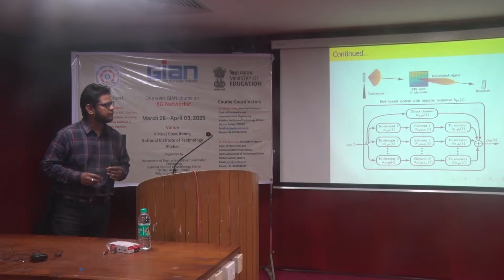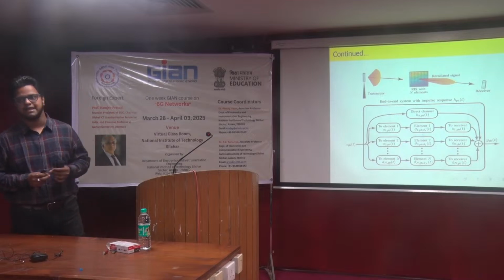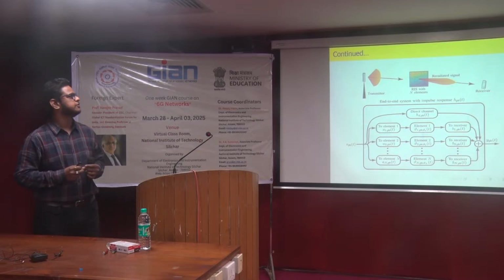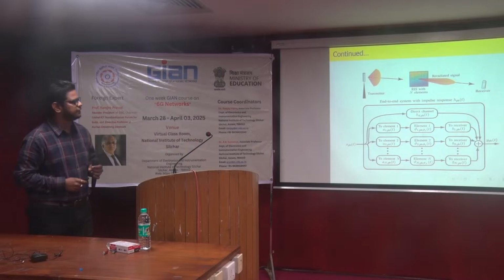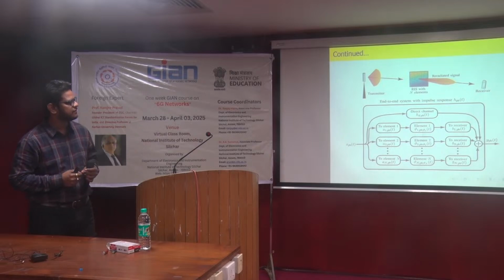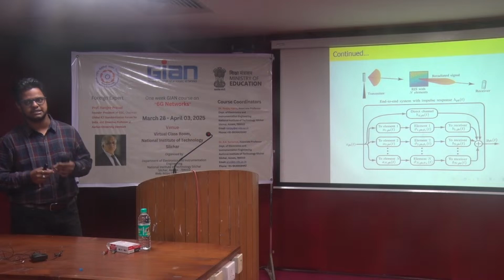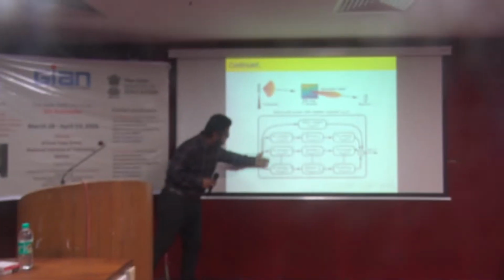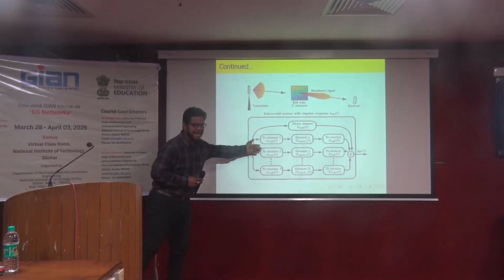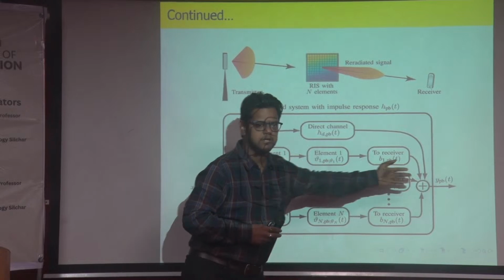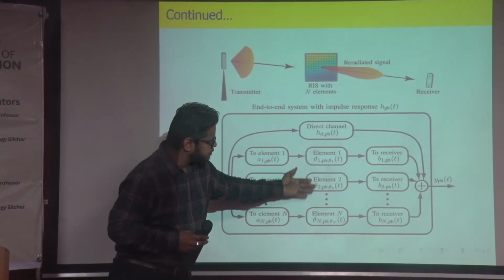Then from the previous slide itself, we can see a transmitter communicating with the receiver with the help of the RIS having n elements, and below it shows the matrix where there is a direct link from the transmitter to the receiver, with the channel H_D. X is the transmitted signal from the transmitter, and this is the channel matrix from the transmitter to the elements of the RIS, and this is the channel from the RIS to the receiver, from element 2, from element n.